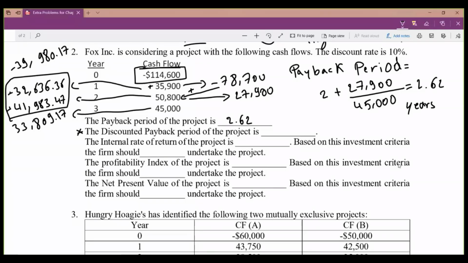And this shows from here, because NPV is simply adding all of those present values. So the sum here is the present value of all the future cash flows minus the 114,600. This is going to be a number less than 0.